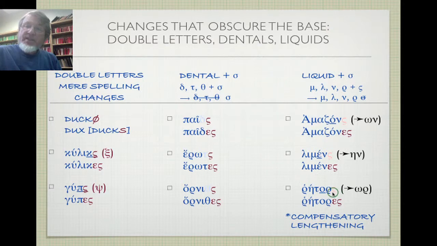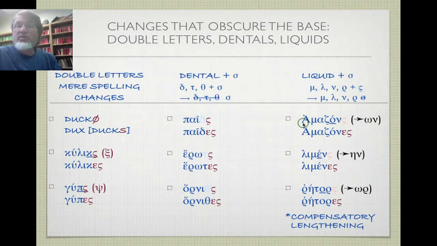When the S is added, when it immediately follows this liquid sound, they have to choose between giving up the liquid and giving up the sigma. And in these nouns, they choose to give up the sigma. And when this sigma disappears, another strange thing happens.